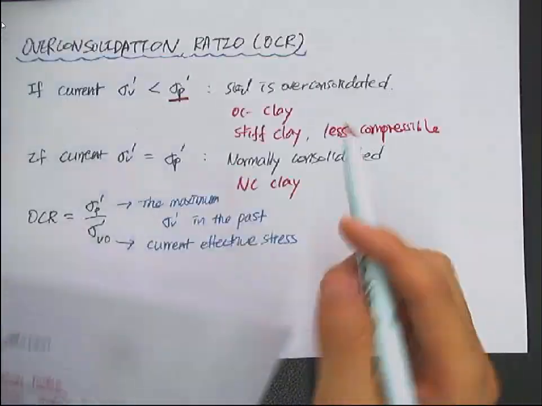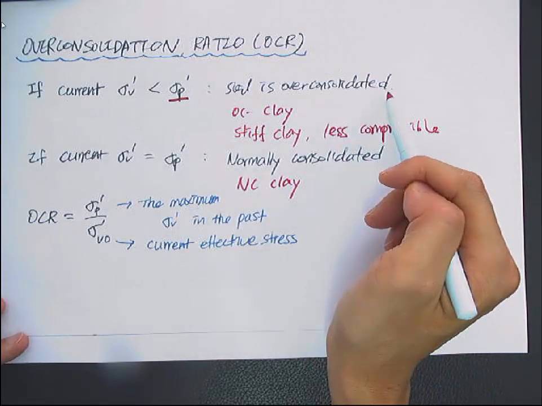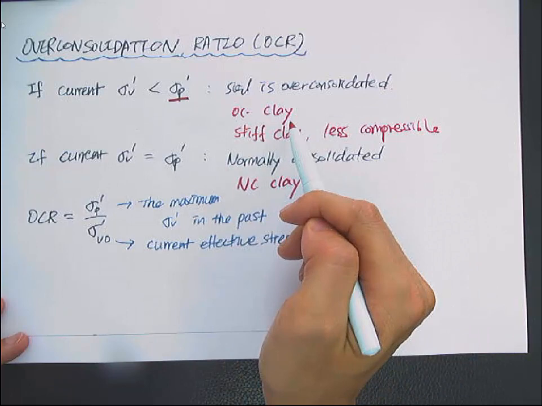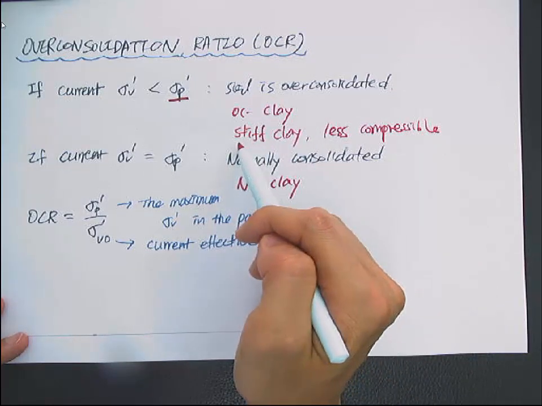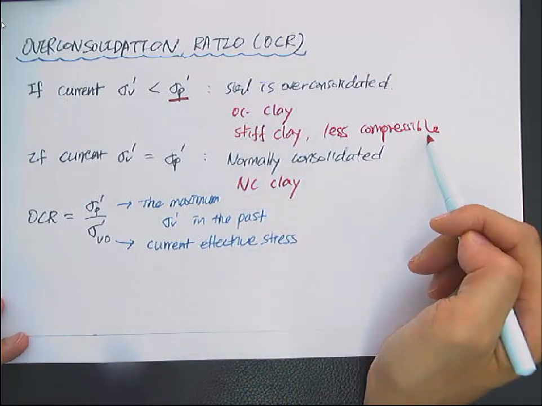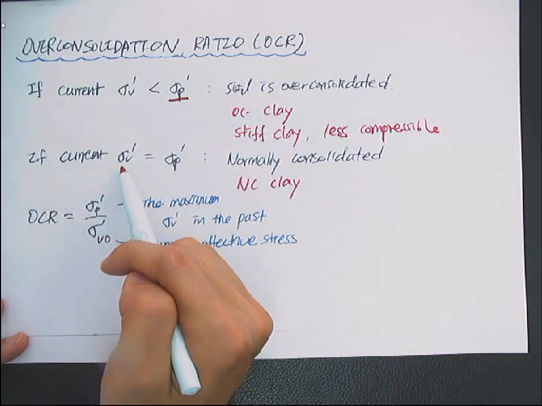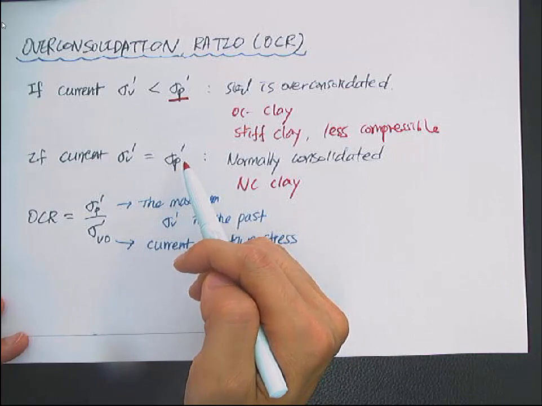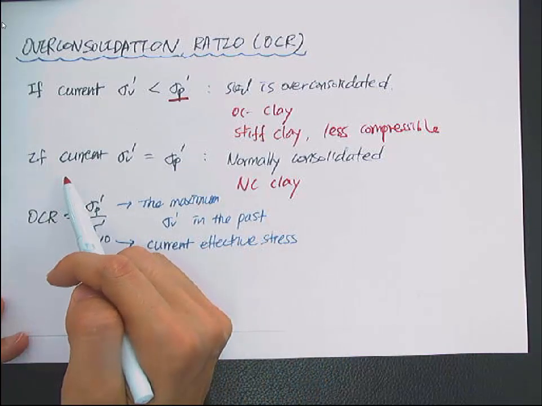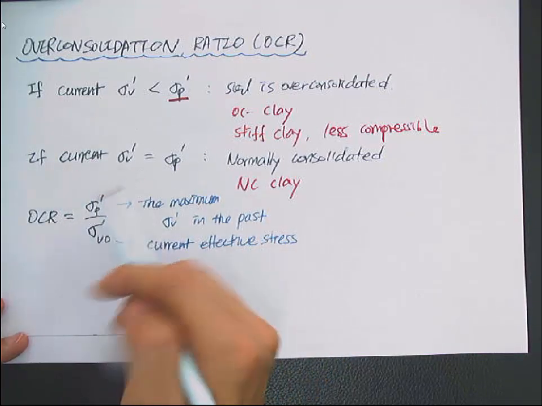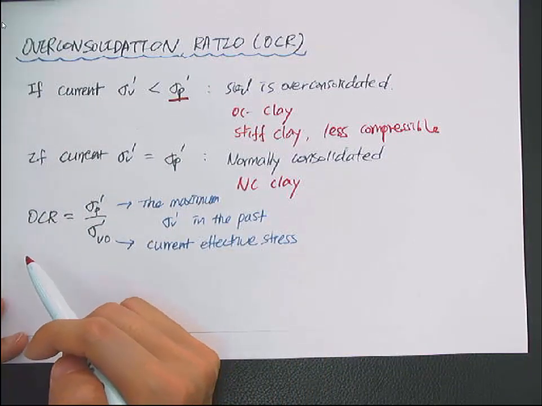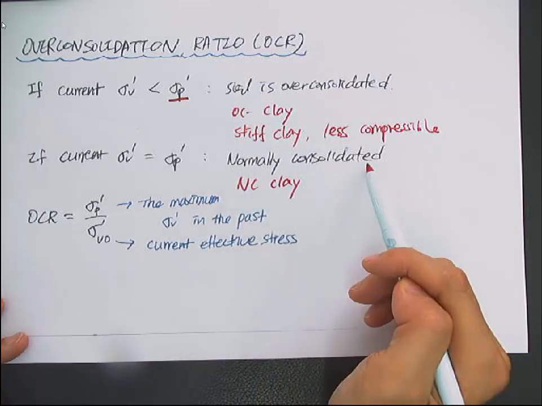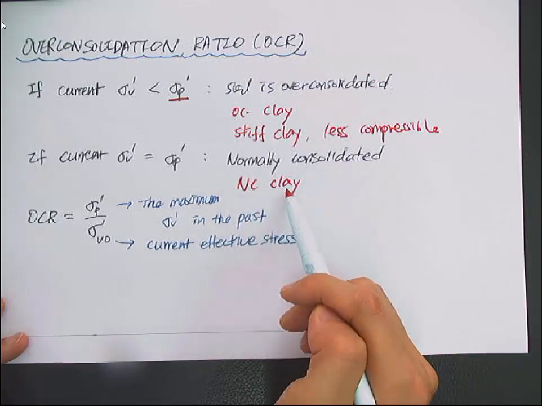So your soil is in an overconsolidated state, and it's called OC clay if it's clay, and this OC clay has very high stiffness, so it's stiff and less compressible. And if the current vertical effective stress is the same as sigma p prime, or we can say that if the current effective stress is the maximum vertical effective stress that the soil has experienced, then it's called normally consolidated clay, or NC clay.